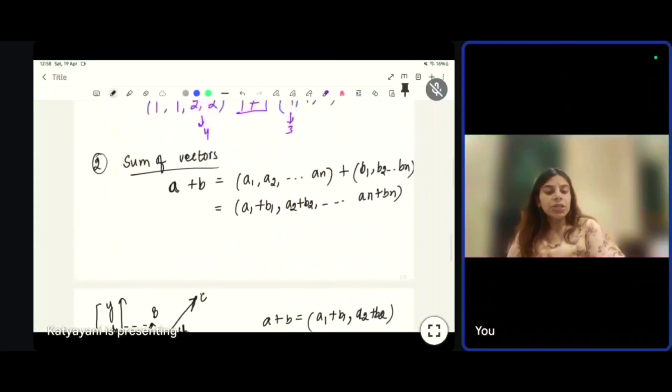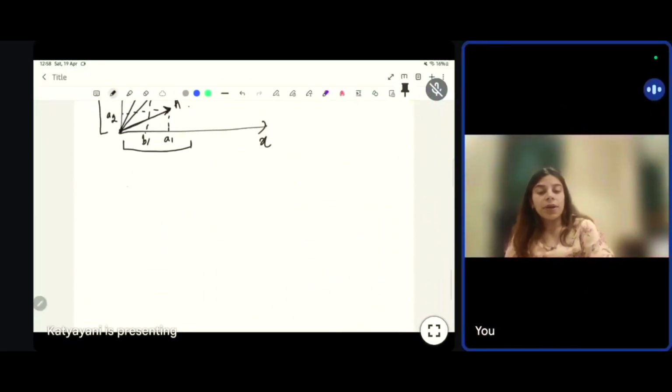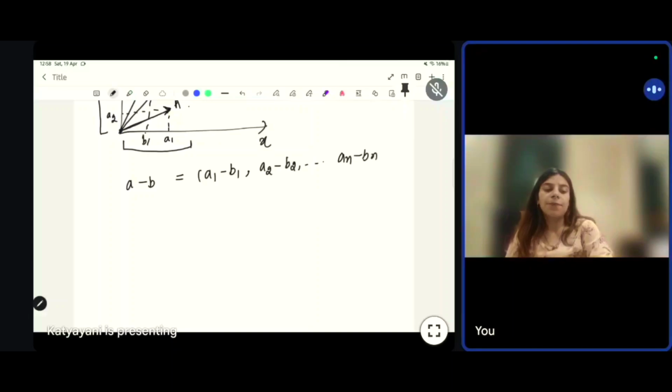Similarly, instead of addition you can also do subtraction, right? If you have two vectors a and b, you have to subtract b from a. So you will subtract b1 from a1, b2 from a2, and so on till bn from an, right? This is how you will write down the subtraction of two vectors.